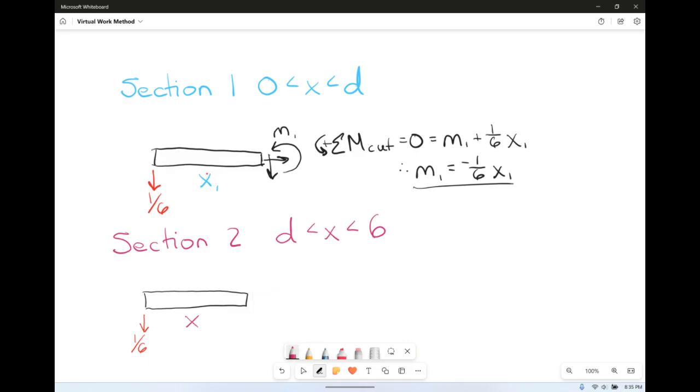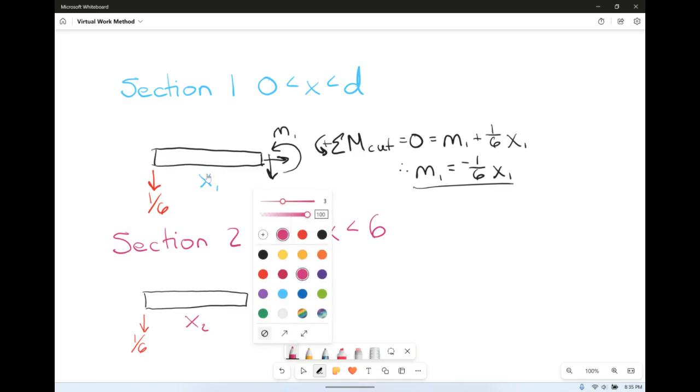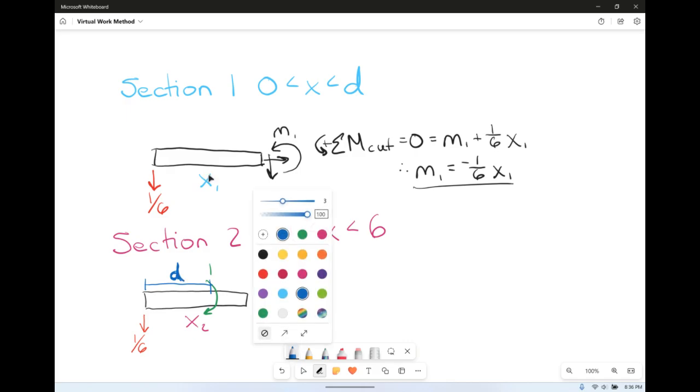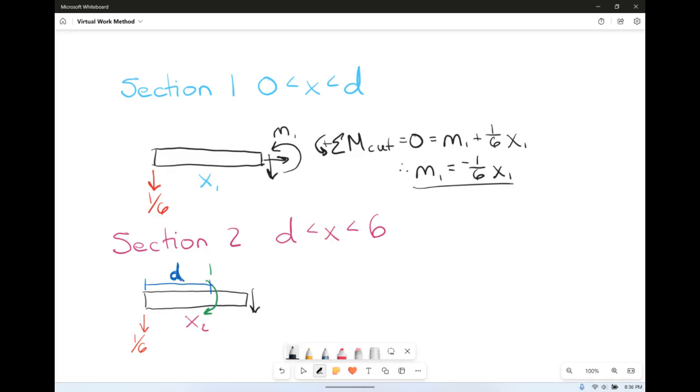But our x2 distance goes all the way past where that point moment was applied. And remember, that distance was D. So again, we're going to analyze it for our internal shear, normal, and little moment M2. So we're going to sum the moments about the cut, set it equal to 0, taking counterclockwise to be positive.